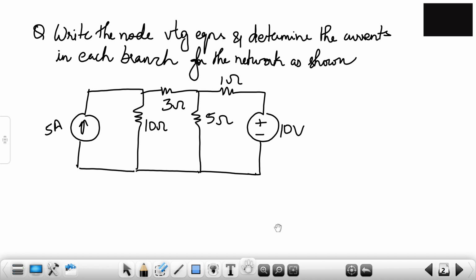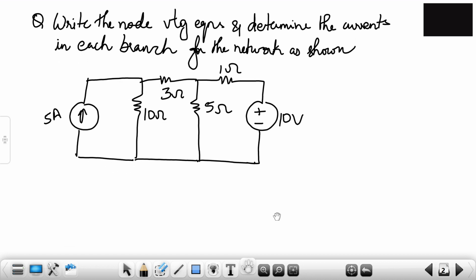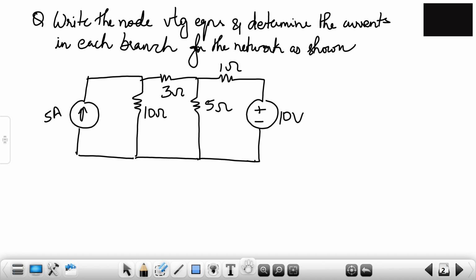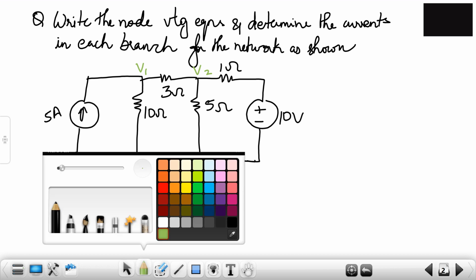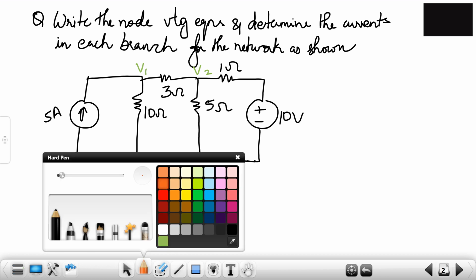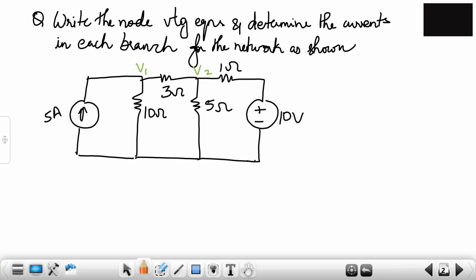Let's start solving the problem. We have to find the node voltage equations first, and then we have to find the currents in each branch for the network. Let's assign the node voltages first. So there are two nodes over here, V1 and V2. Let's write down the branch currents.